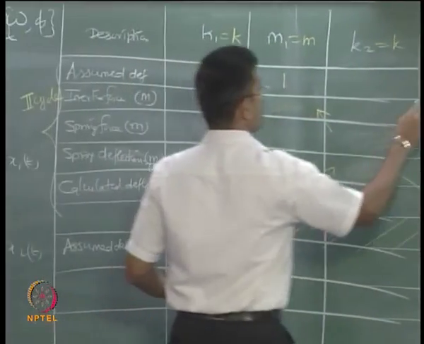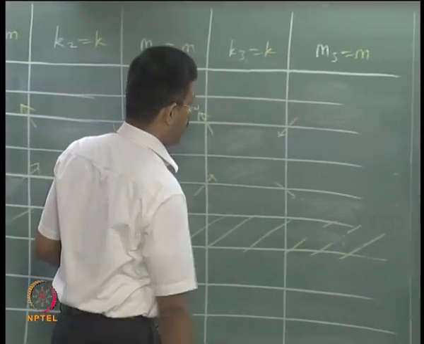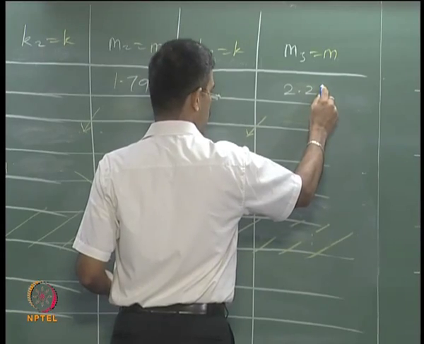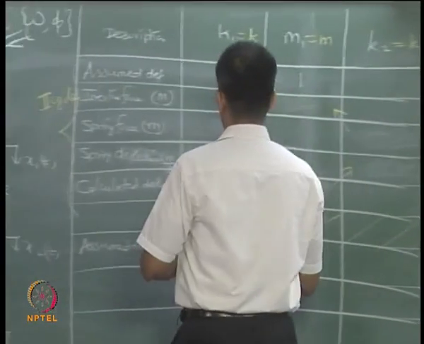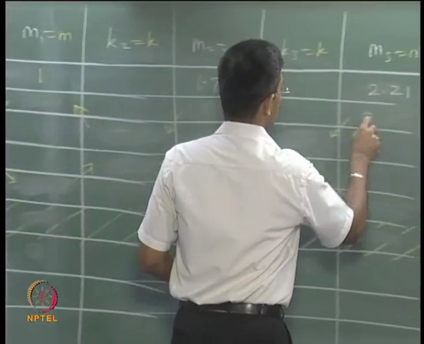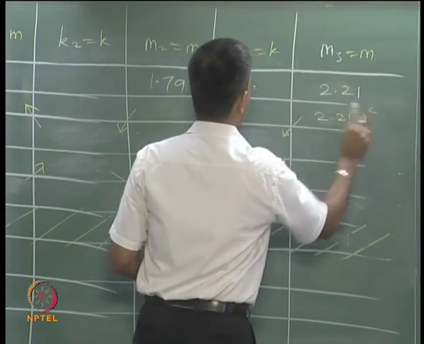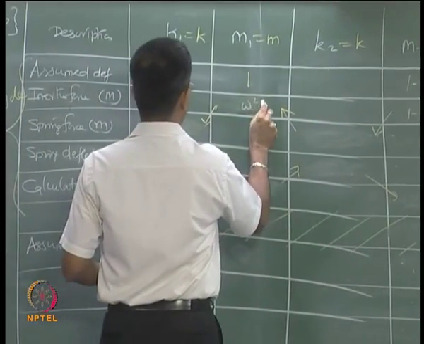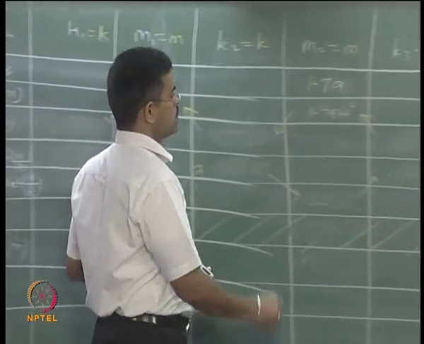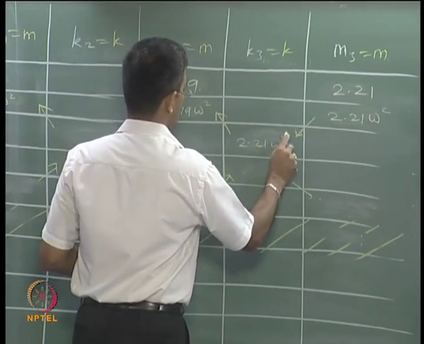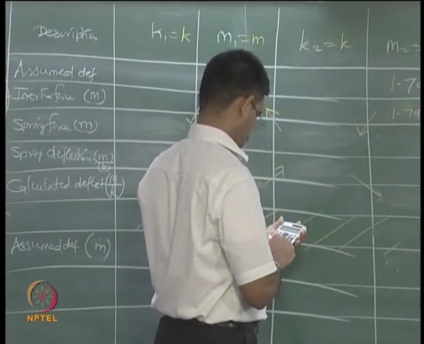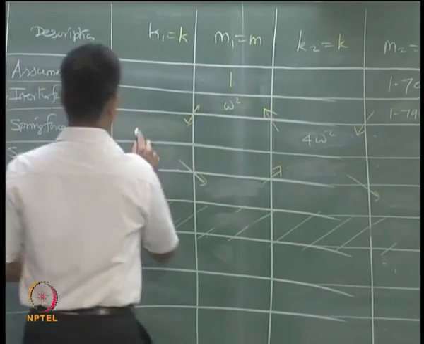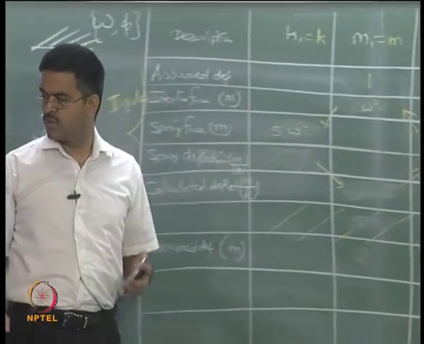So, I will start with 1.79 and 2.21. So it is going to be 2.21 omega square, 1.79 omega square, omega square. So 2.21 omega square, 4 omega square, 5 omega square.